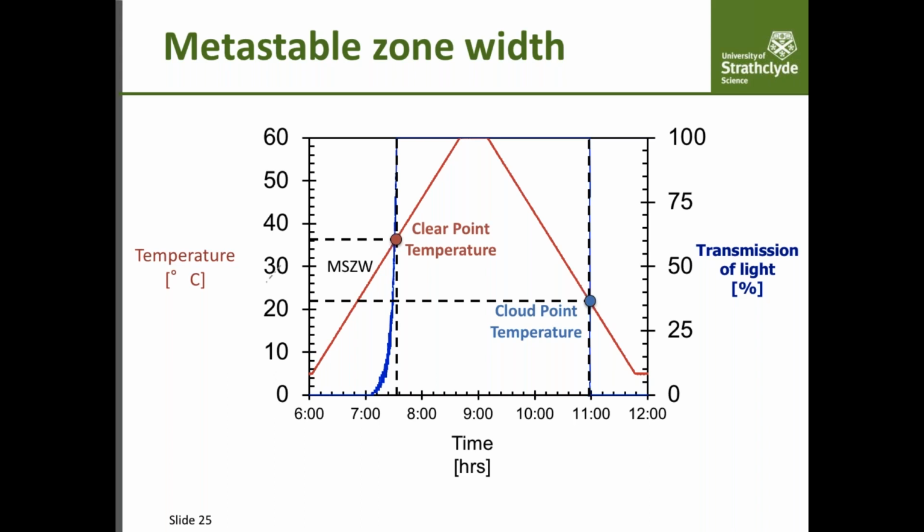Within the metastable zone width, we can also do nucleation rate measurements, because within the metastable zone width, we have a supersaturated solution. So given enough time, you might see the appearance of crystals due to primary nucleation.